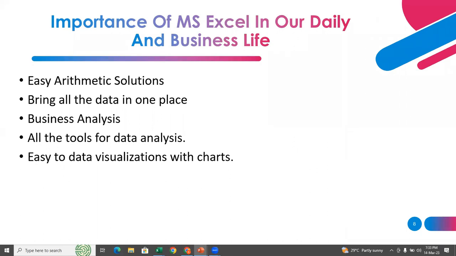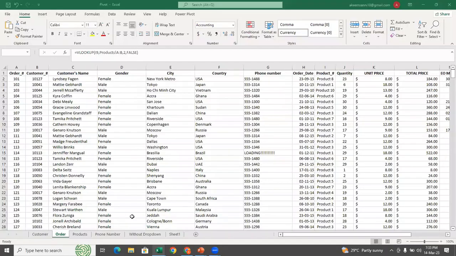Then another one, it brings all your data in one place. You can have a whole lot of data in just one Excel workbook. Let me show you an example. Right now, this is just one workbook.